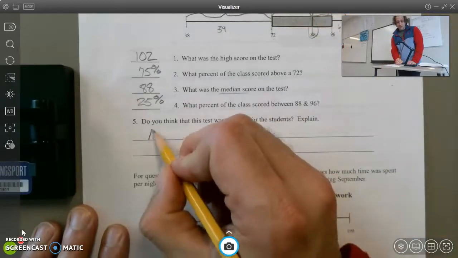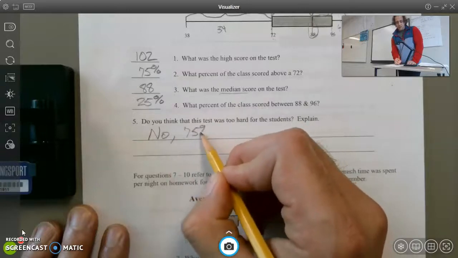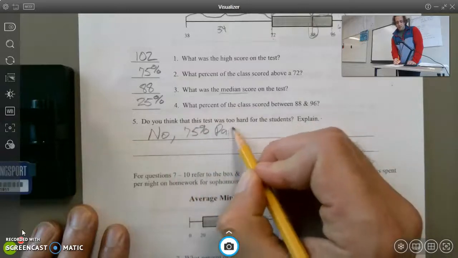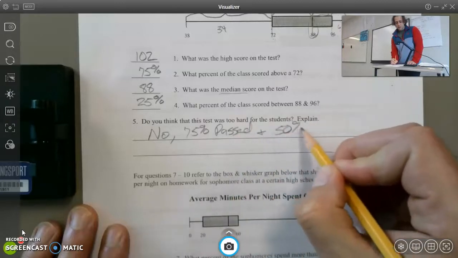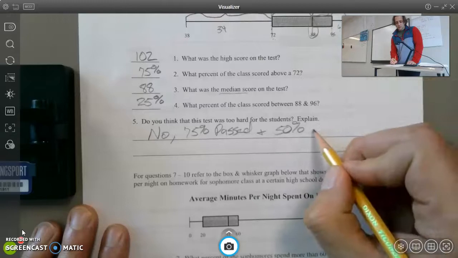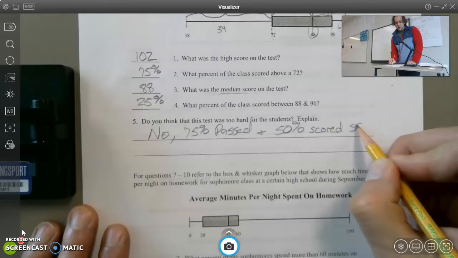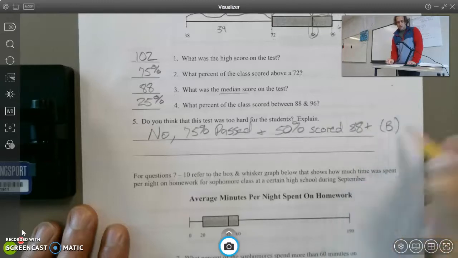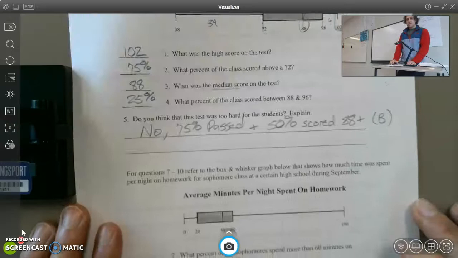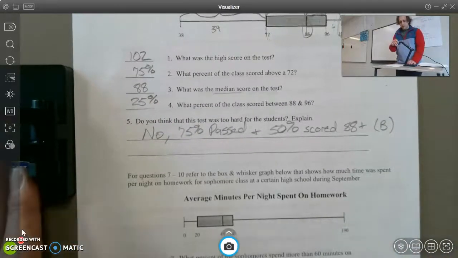So I would say, no, 75% passed 70 or better, and 50% scored 88 or better, which is like a B. So if you've got half your kids making A's and B's, that seems like the test is pretty fair.